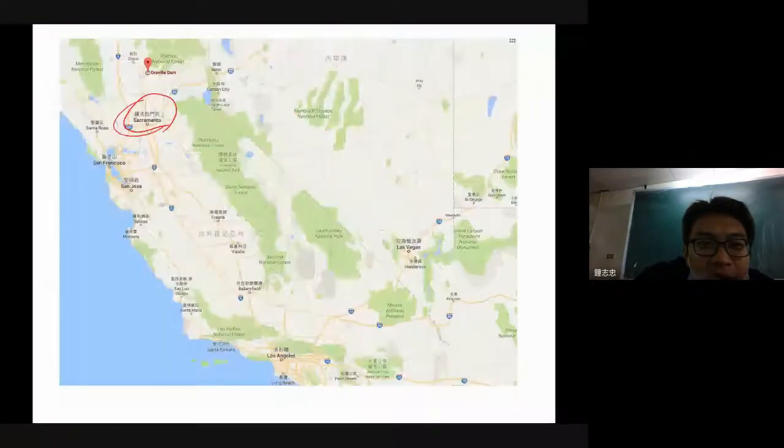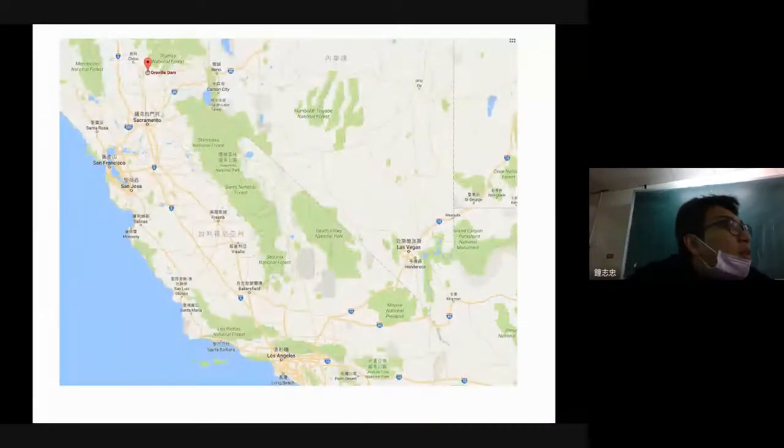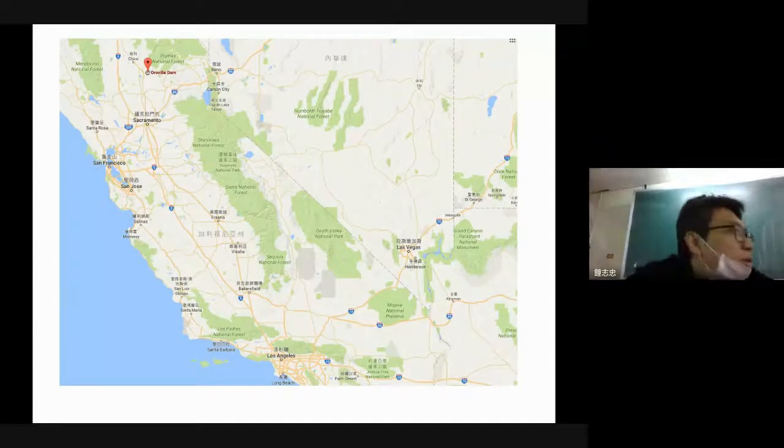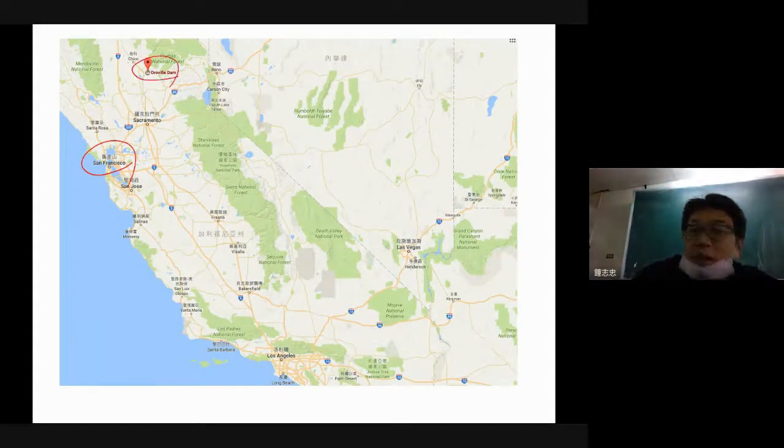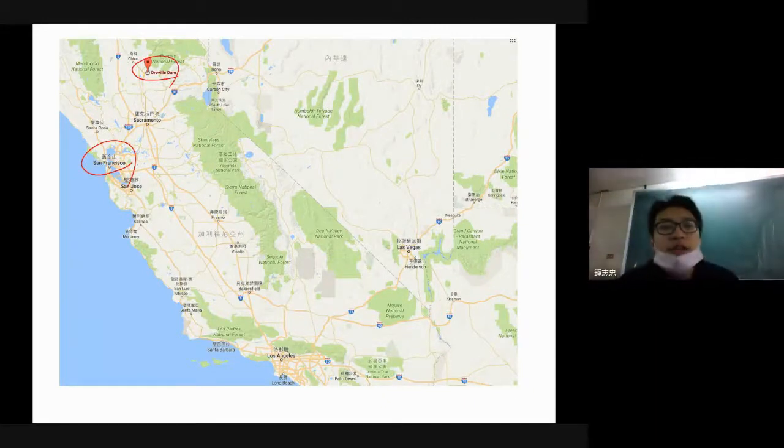It's an NBA team, the Kings. I'm so sorry, because there's no more NBA play anymore. And then this is San Francisco. So this is the location of the Oroville Dam, and this is the aerial photo.